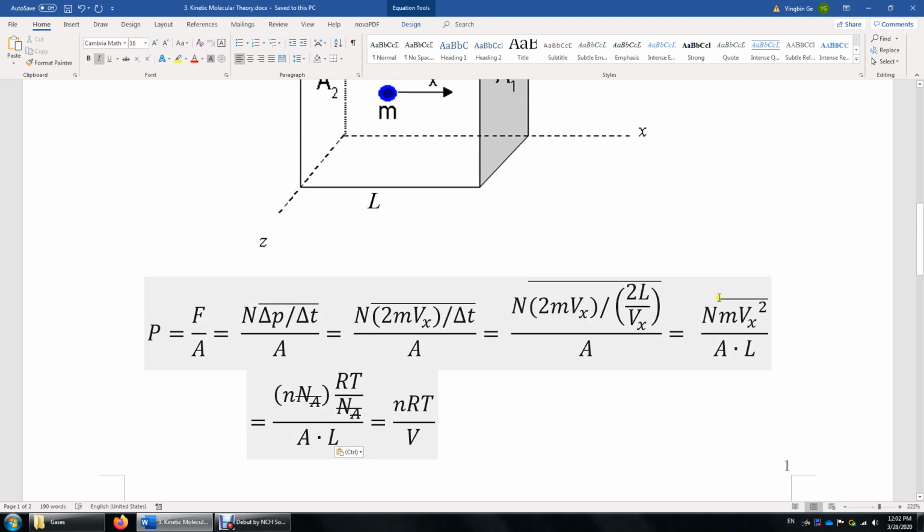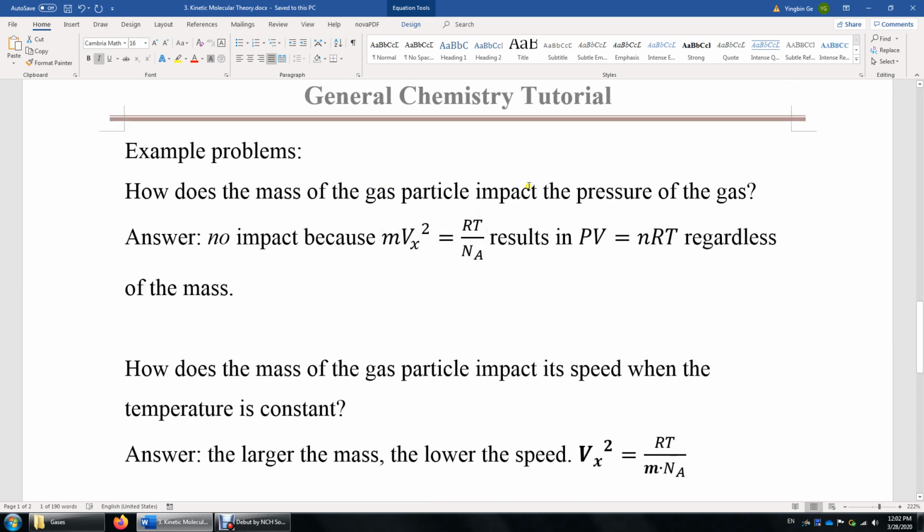But in the end, because mvx squared is equal to RT over N sub A, it tells us this part in total, the average of mvx squared, does not depend on the mass. It's RT over N sub A. So over here, it does not affect our result. PV equals nRT for all gases.